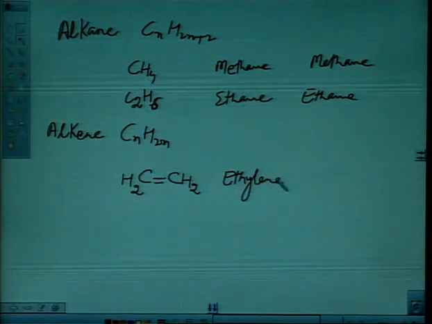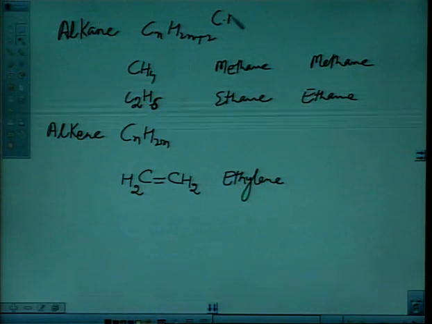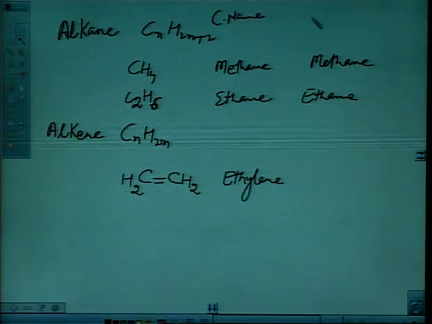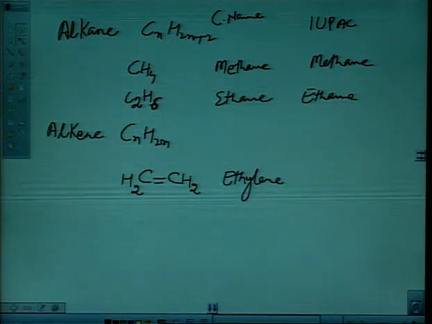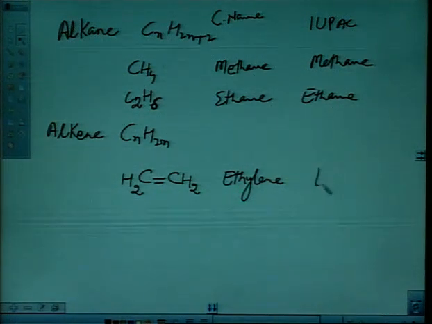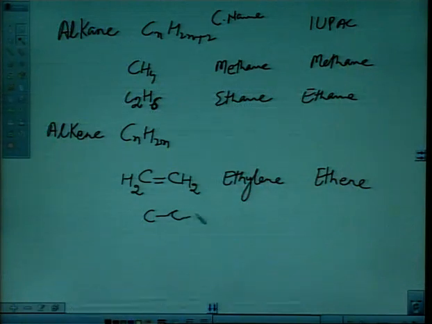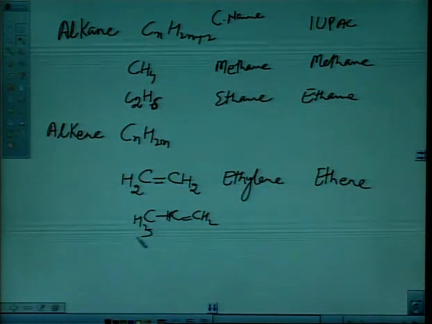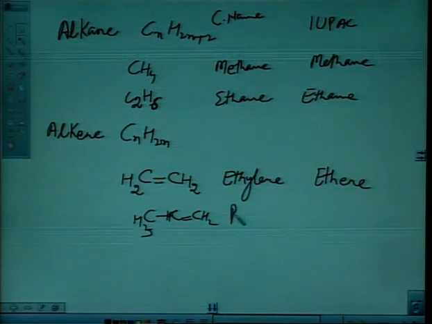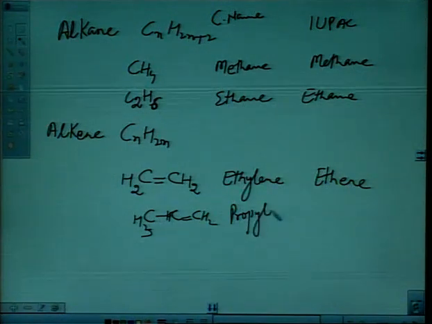Ethylene is the common name and Ethene is the IUPAC name. If there are 3 carbons, the name is propylene and the IUPAC name is propene.